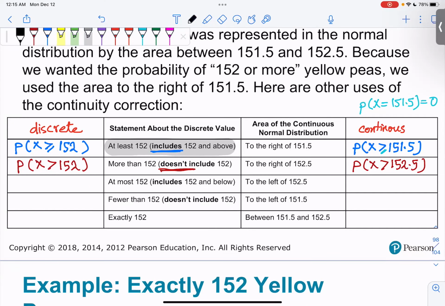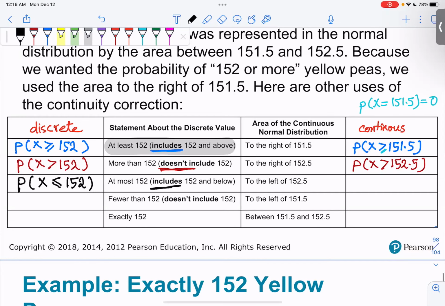The next one, at most 152. The probability of X at most 152 means it could be 152, so it will be 152 or fewer. Here we include 152.